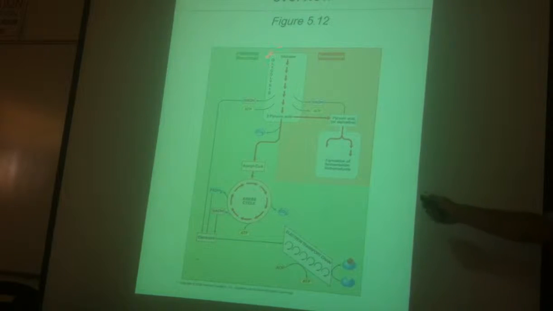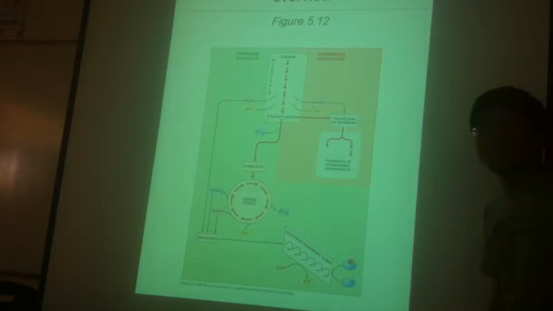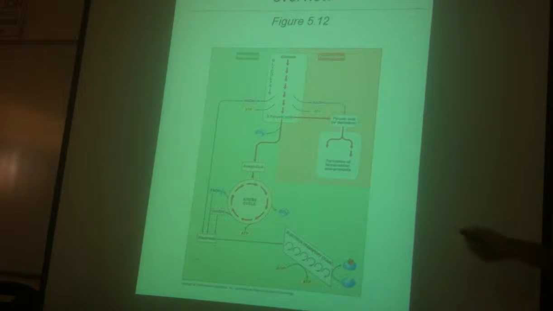So going back to glycolysis, remember some of the products that are important in terms of energy. One is ATP, of course, which is our energy currency. The other is NADH, which is also known as reducing power. So if it's reduced, has it gained electrons or lost electrons?